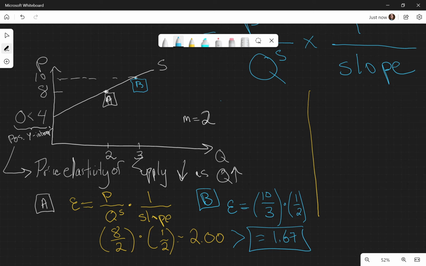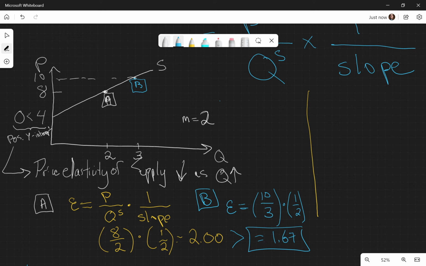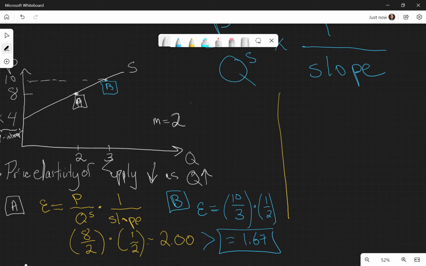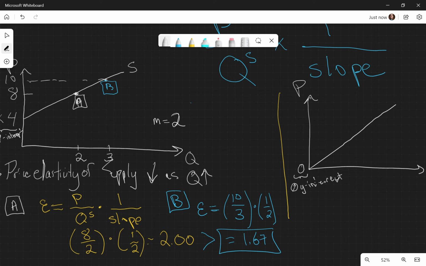What about the other case? Right? We were told there were 2 cases. The other case is if the supply curve has a 0 intercept. Or its y-intercept is at the origin, as it's called in the Cartesian coordinate plane, in the first quadrant where we live in positive numbers, right?